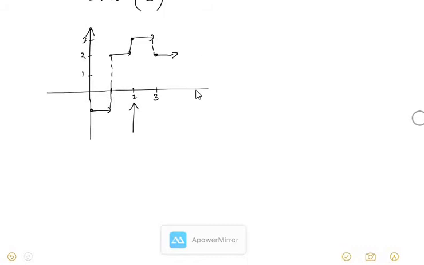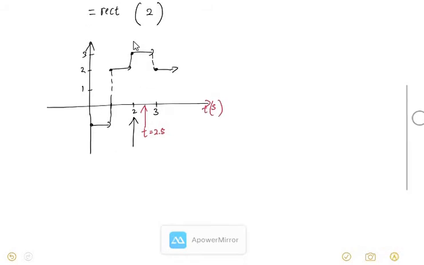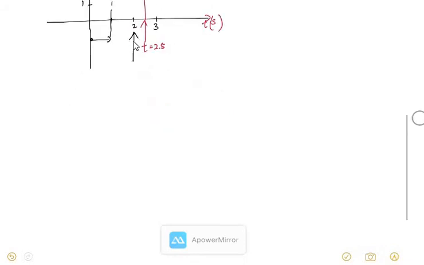What's the value? The value is 3, because now you want to find the value at t equal to 2.5. At t equal to 2.5, the value will follow the value at t equal to 2 for the xn.